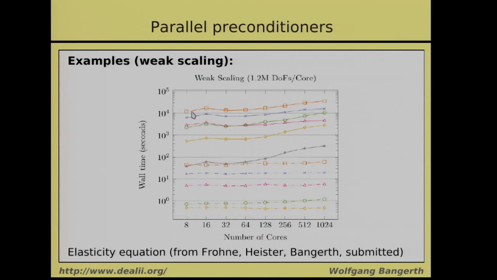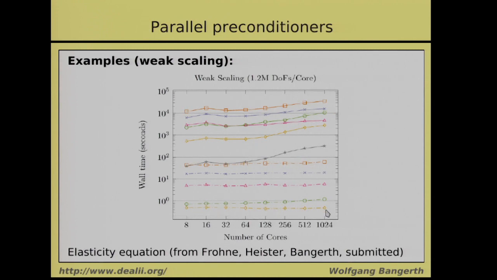Of course, if I go from 8 to 1024, I increase the size by a factor of 128, but you see that the runtime does not increase very much, maybe by a factor of 3 or so. So even though I made the problem 100 times larger, the program takes only 3 times as much time.